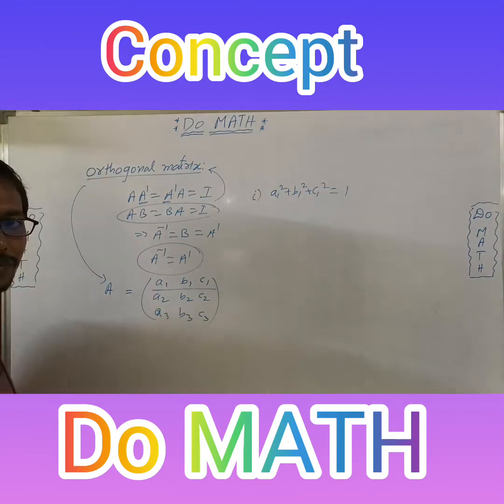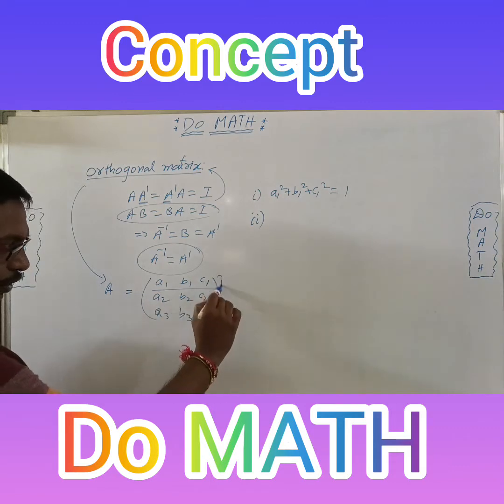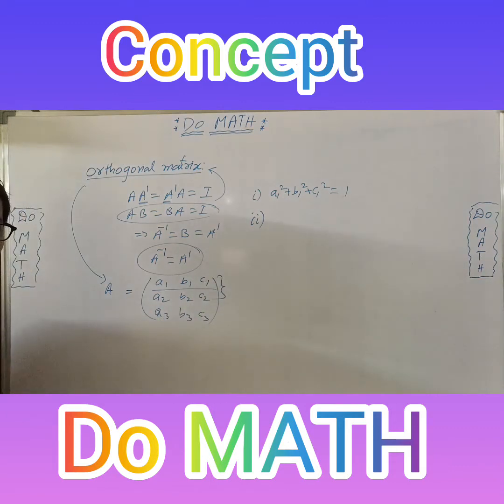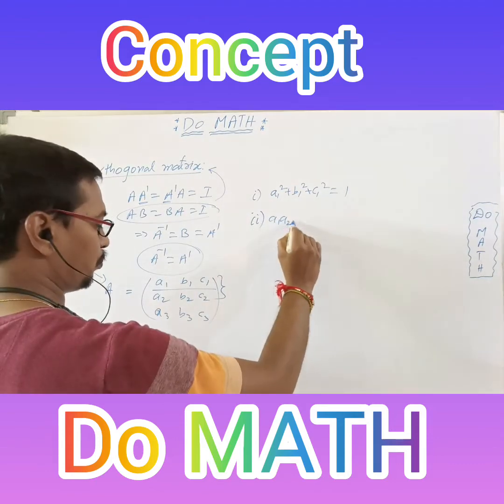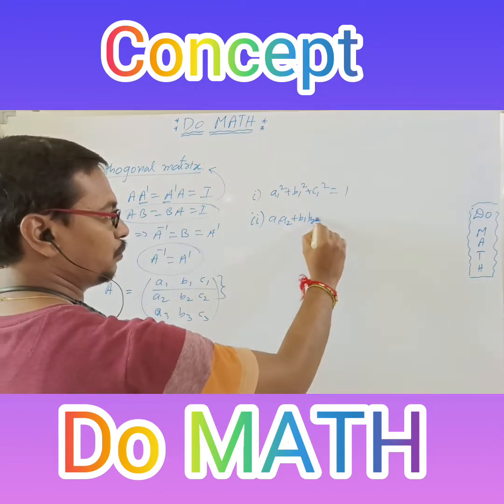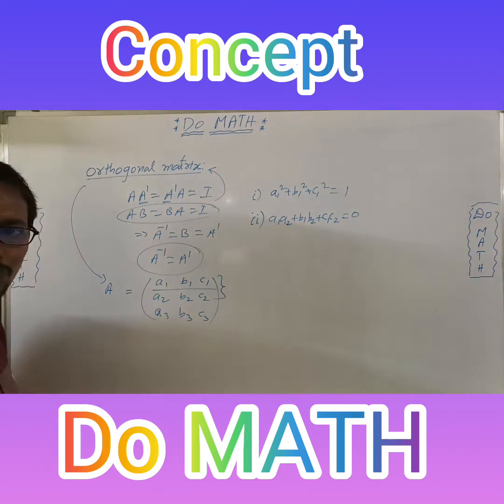And the sum of the products of the elements of two rows or two columns, that means A1 A2 plus B1 B2 plus C1 C2, should always be 0, irrespective of which rows and columns we choose.